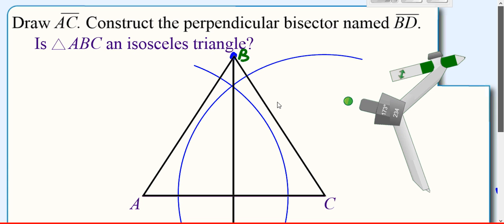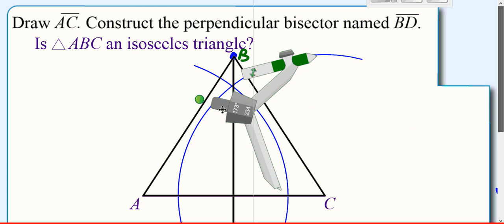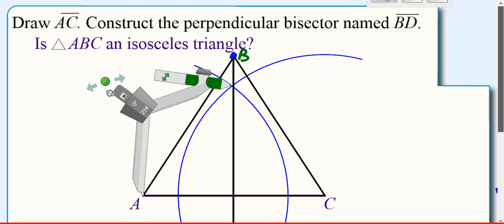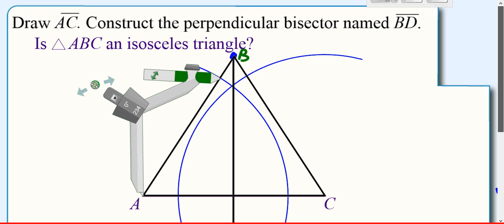So if it's an isosceles triangle, that means that two sides are congruent. So we're checking to see, is AB the same length as AC? Now you could have drawn B wherever you wanted to. You could have put B right there. It won't matter.